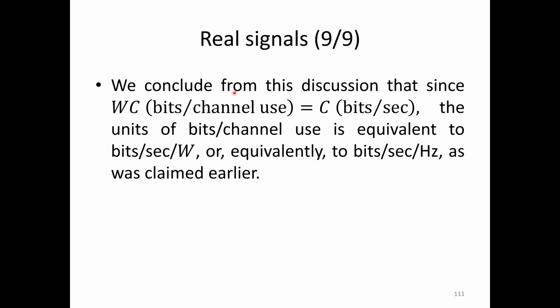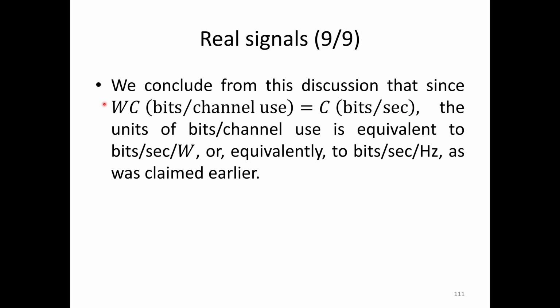We conclude from this discussion that W times C, where the unit of C is bits per channel use, is equal to C, and the unit of C is bits per second. You may have a question here.